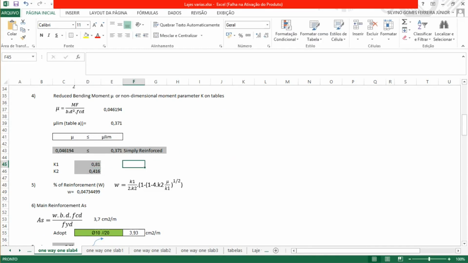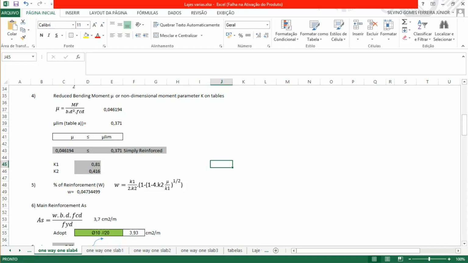K1, K2 is table. We have this on Eurocode. K1 0.81 and K2 0.416. With this, we are able to calculate the percentage of the reinforcement that we're gonna need for the main reinforcement, and it's taken from the Eurocode on this equation.